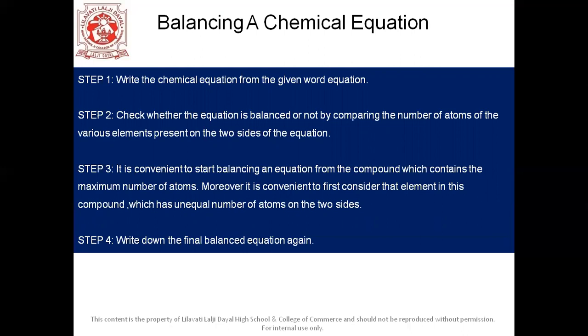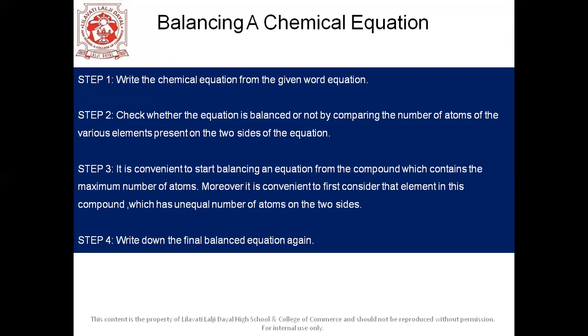Step number 3, it is convenient to start balancing an equation from the compound which contains the maximum number of atoms. Moreover, it is convenient to first consider that element in this compound which has an unequal number of atoms on the two sides. The last step is to write down the final balanced equation again.